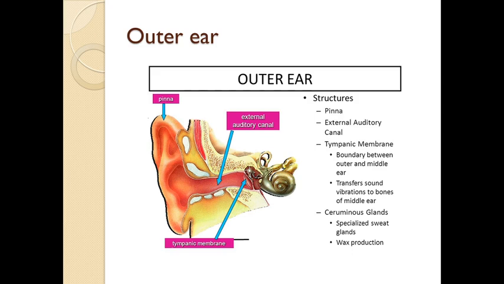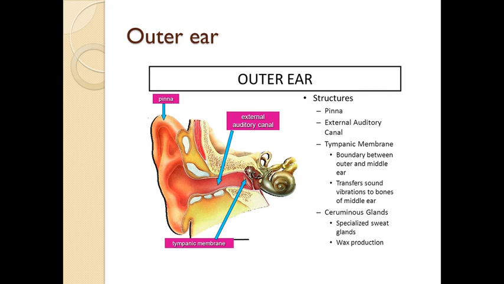The pinna is actually a yellow elastic cartilage lined by the human skin, and the external auditory canal is also lined by the hairy skin, and it has a slightly S shape. Because it is lined by the hairy skin, it has modified sweat glands named ceruminous glands, which can secrete earwax, which is also called the cerumen.